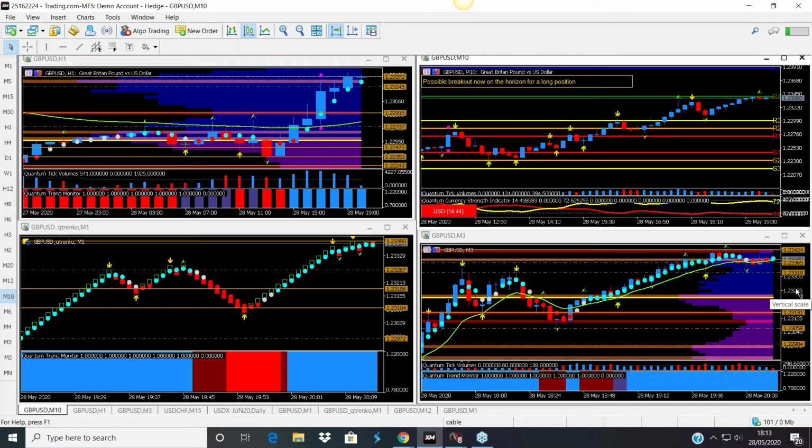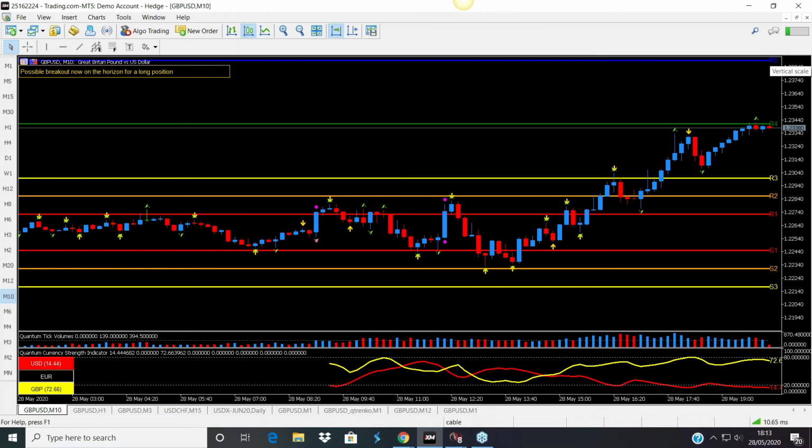You'll be able to read that, and in fact you are going to get a continuation of the primary trend. And that's what we're actually looking at here. We're trying to establish whether this is the primary trend higher. We've obviously had some pullbacks, clearly we have. What we have to decide is whether this primary trend is going to continue higher, or whether we are going to get a reversal.